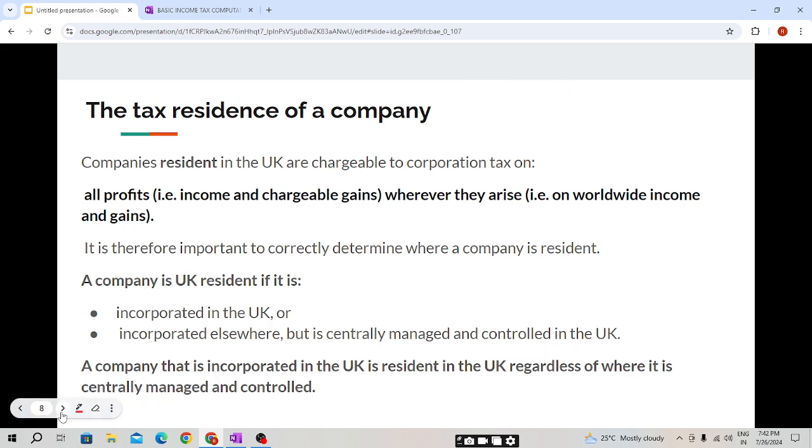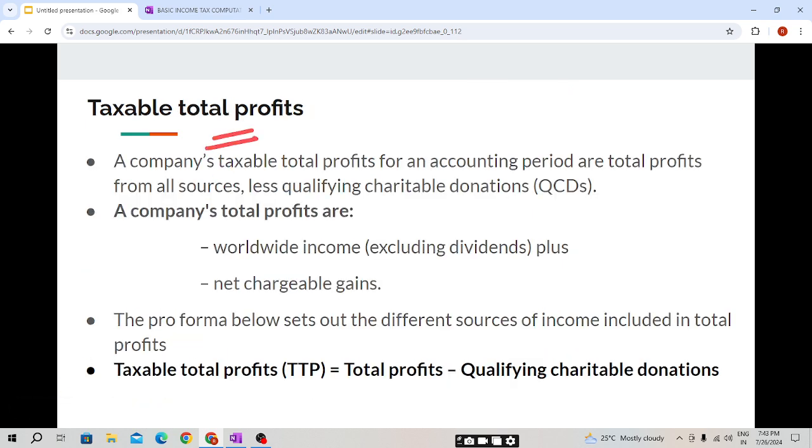So now moving to the next. Now coming to the next important topic, the taxable total profit. A company, as we have already seen students, will pay corporation tax on the taxable total profit for the accounting period, which is not more than 12 months.